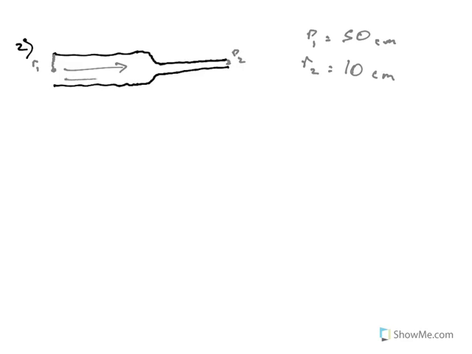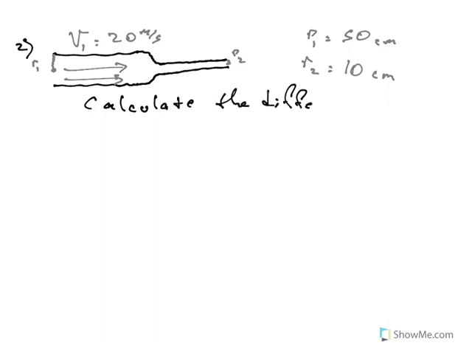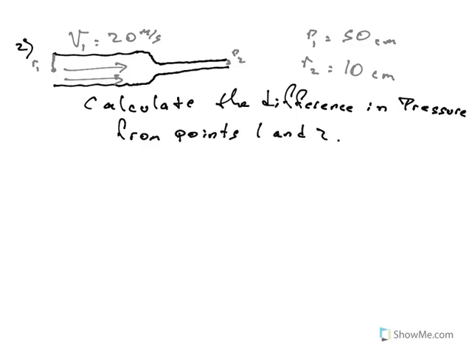If the fluid flowing through the first part of the pipe flows at a speed of 20 meters per second, the question is going to be, calculate the difference in pressure from points 1 and 2.